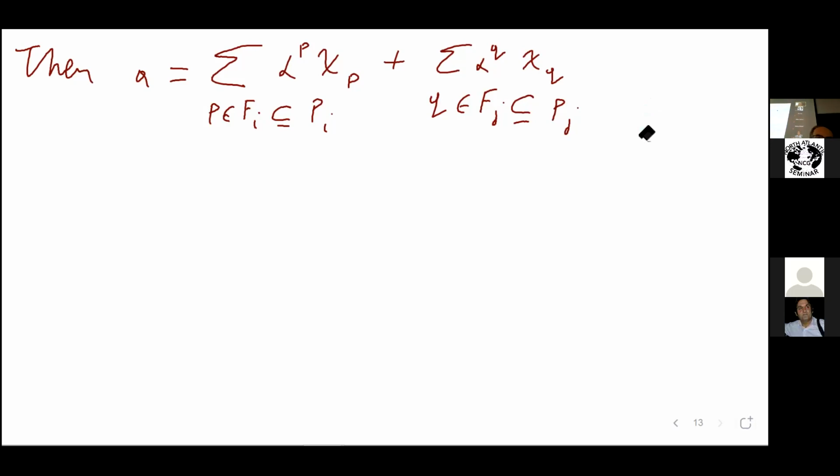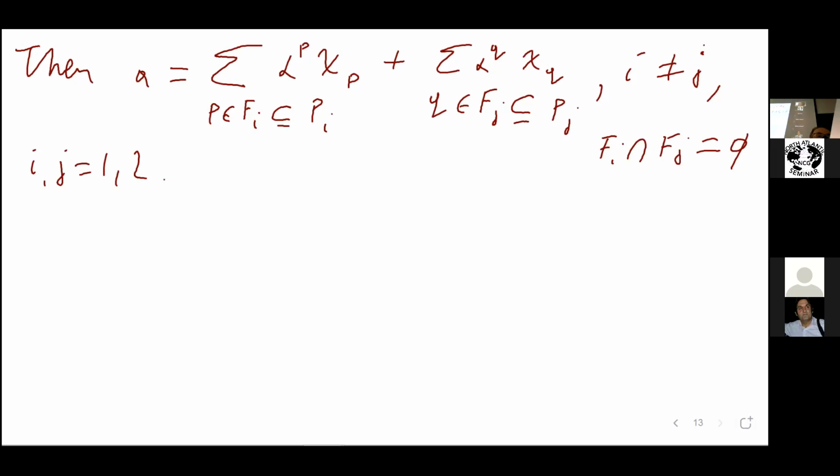So I is different than J, and of course I, J is 1 or 2. And remember, Fi intersect Fj is empty, and they are finite.